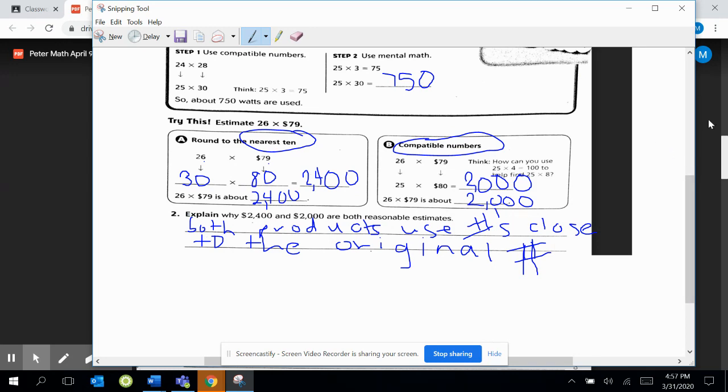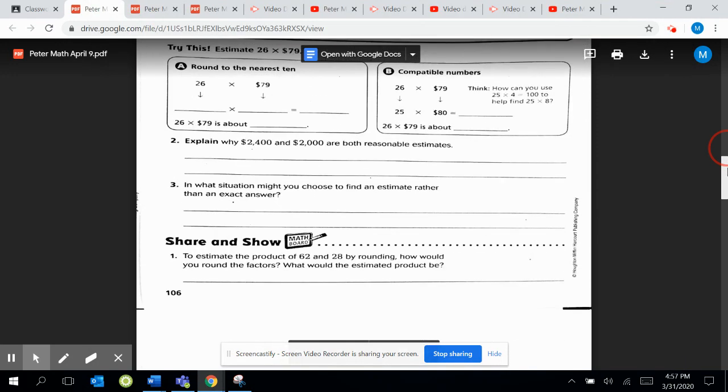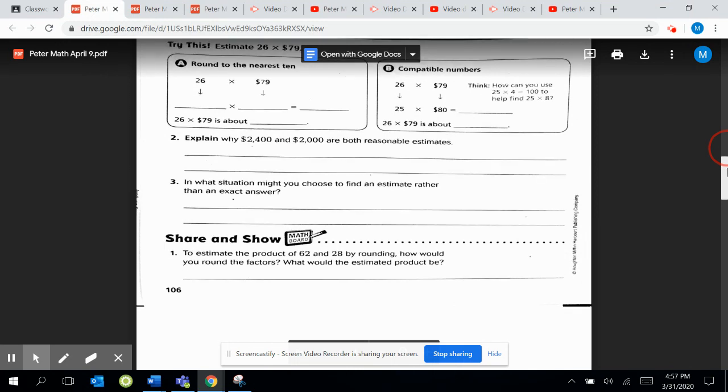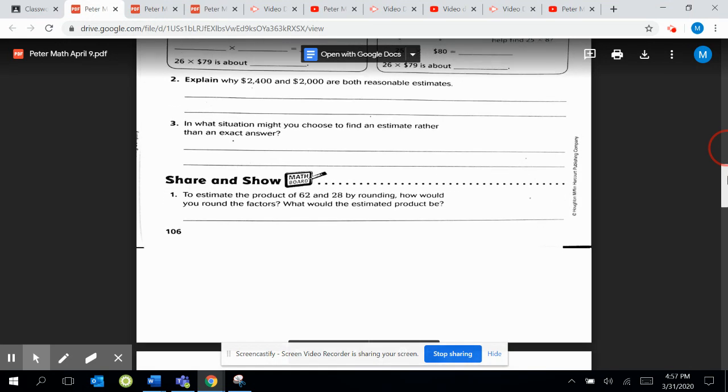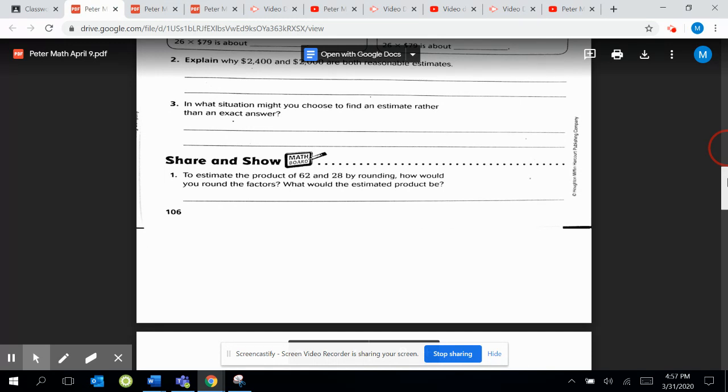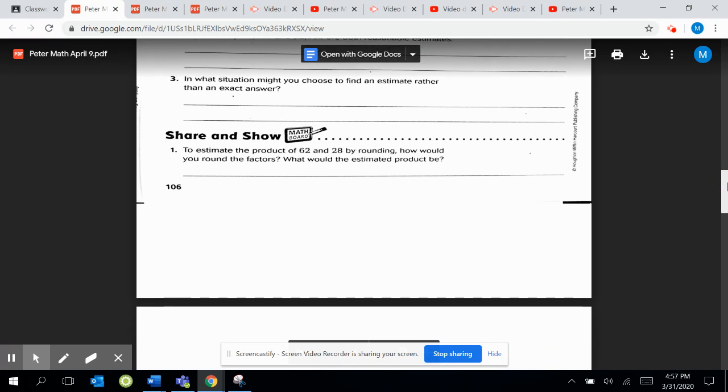All right, let's see here if we can do another one. All right, this says, in what situation might you choose to find an estimate rather than an exact number? I don't think I'll write this down. I'll just talk with you about this.